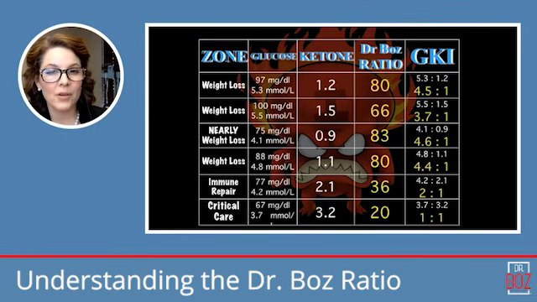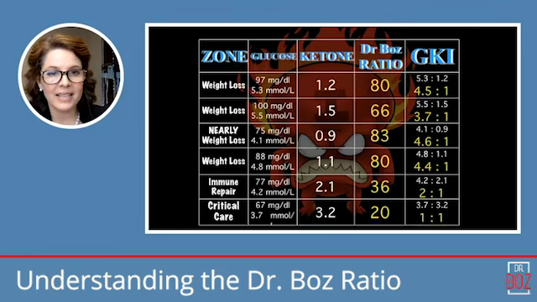So the glucose ketone index would have been 5.3 to 1.2. But to translate that ratio for a patient, they need to take the ketone to a denominator of 1. So her glucose to ketone ratio would have been 4.5 to 1.